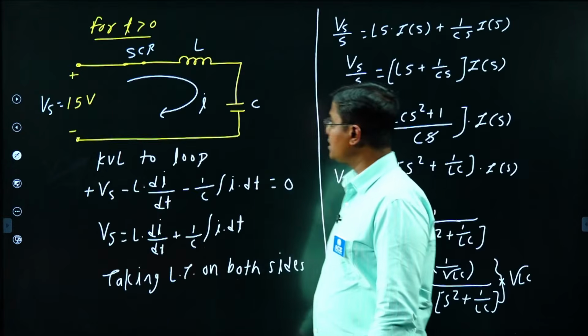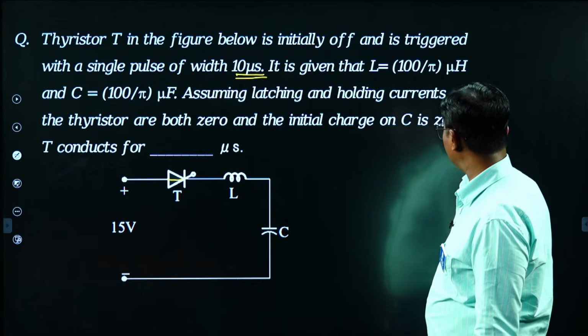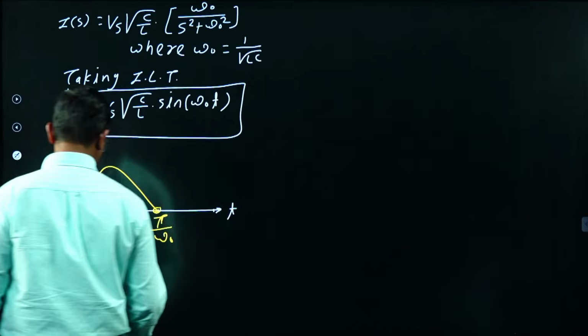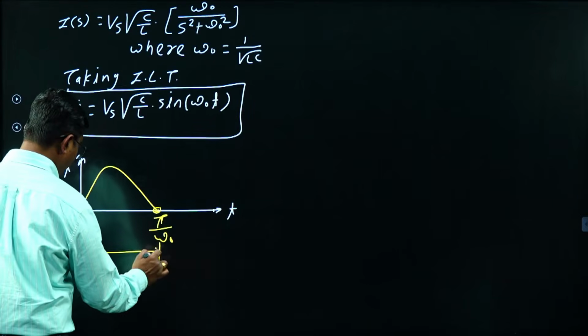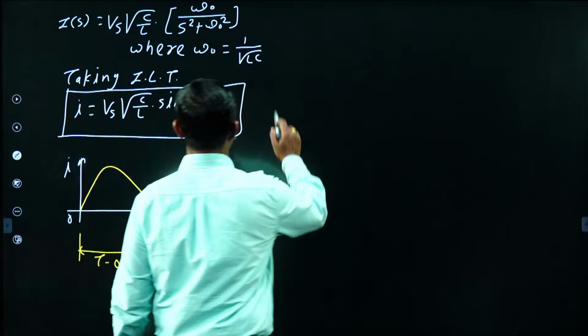They are asking what is the conduction time of the thyristor. The thyristor will conduct only for t equal to pi by omega 0. This is the duration my thyristor will be in on state.